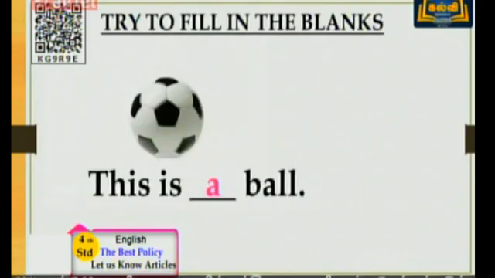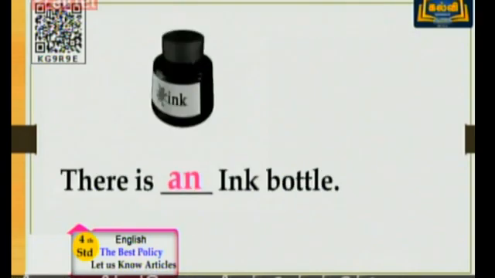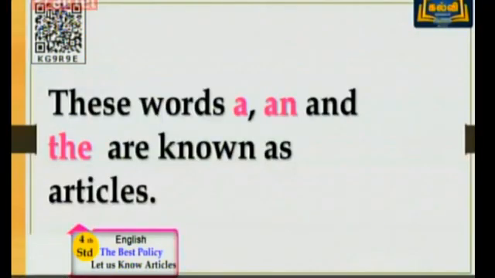This is a ball. There is an ink bottle. So particularly this a, an and the are known as articles.